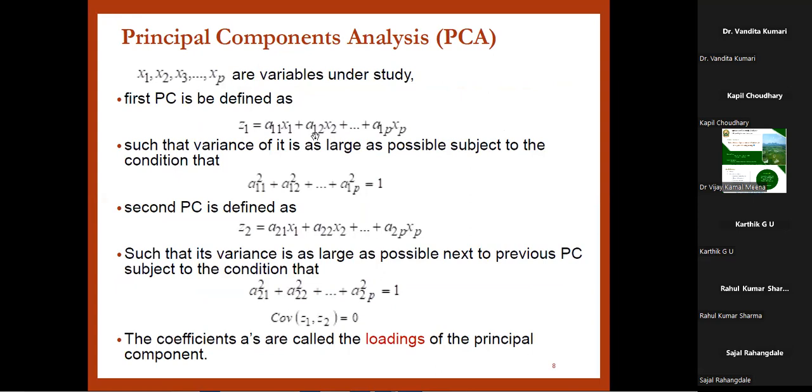The coefficients a11, a12 and so on are such that the sum of squares of the coefficients equals 1. This is an important condition which has to be fulfilled to get uncorrelated principal components. The first principal component is going to capture as large as possible variability, so maximum variability will be captured by the first principal component.